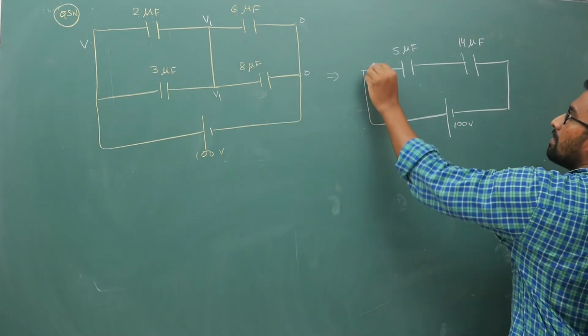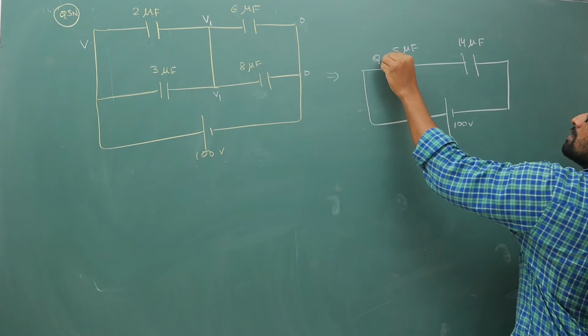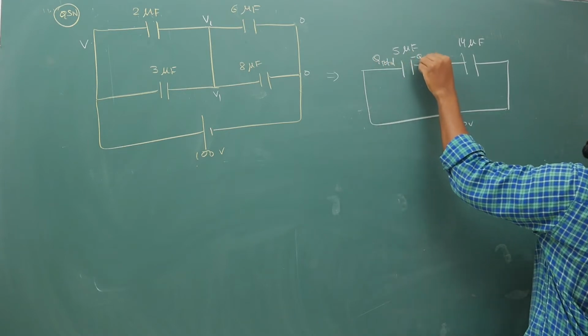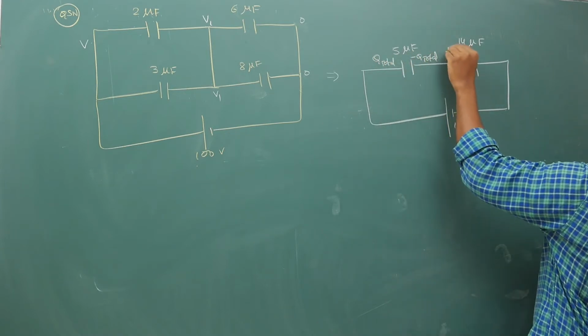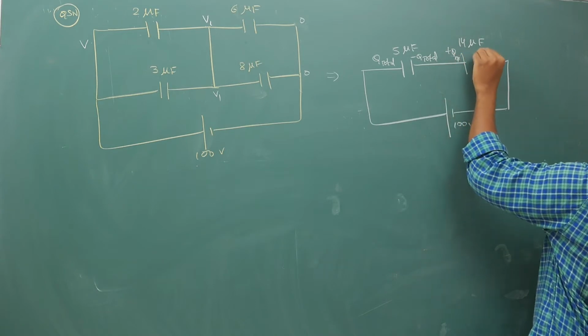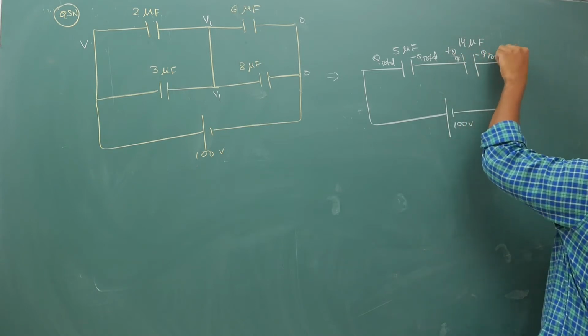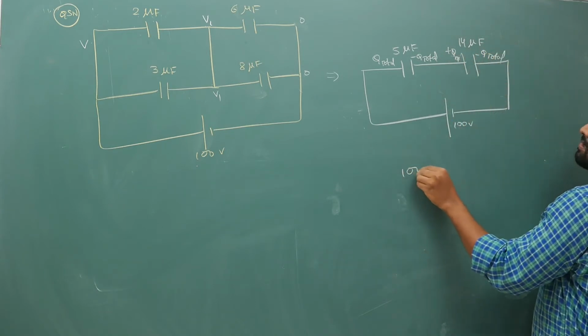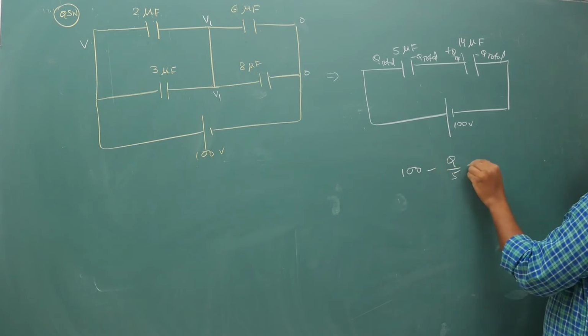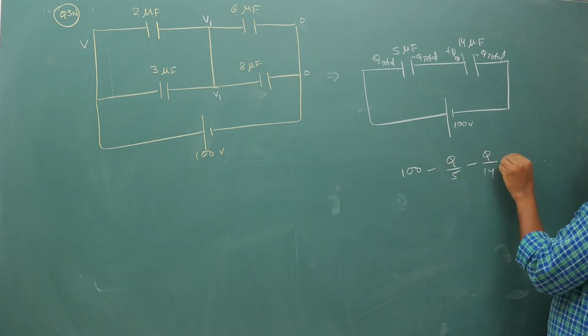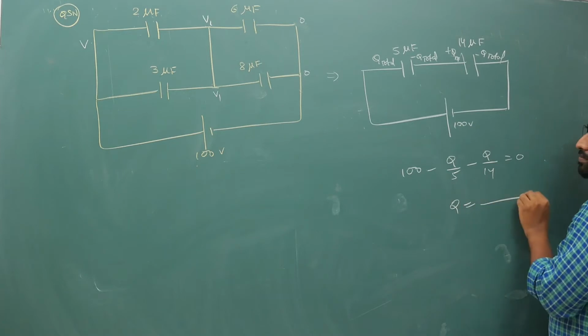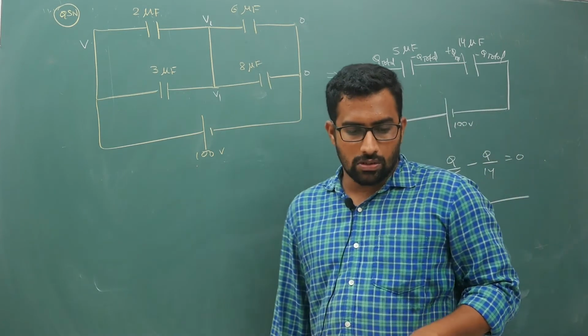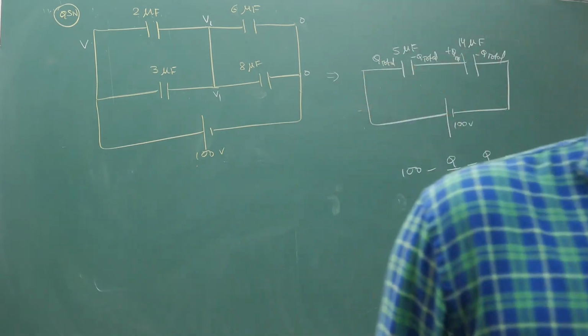So now here it is Q total minus Q total, these two are in series, plus Q total minus Q total. Apply Kirchhoff's law: 100 minus Q by 5 minus Q by 14 is equal to 0. Get the value of Q, and you are going to get your total charge.